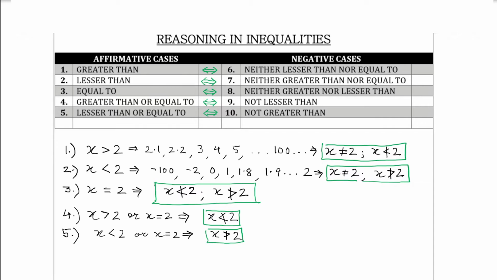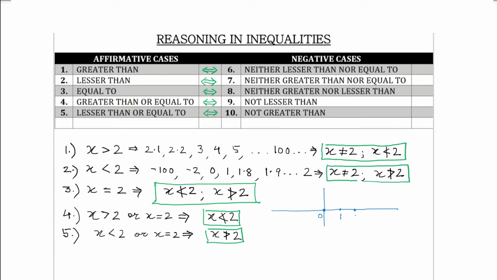Now finally, taking it to a level wherein we talk about how to represent greater than, lesser than or equal to. Now if I have to represent x greater than 2 on the number line, let me just draw a number line here. Let me say this point is 0. Let's say this is 1.